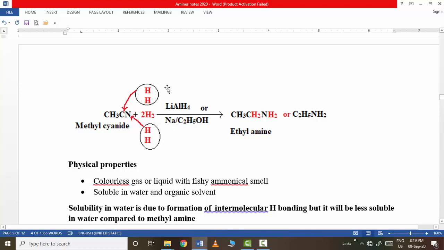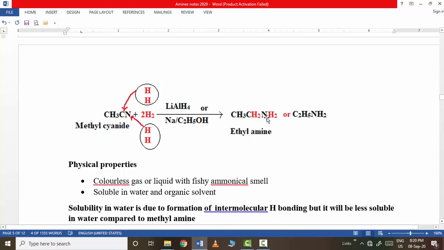What is a reduction reaction? Reduction reaction is the addition of hydrogen. So we are just adding the hydrogen to the carbon, we are just adding the hydrogen to the nitrogen in the presence of lithium aluminum hydride or sodium in the ethanol. So you can see I have used a different color, so therefore you can see CH3C in between carbon and nitrogen, the 2 hydrogen is added, forming CH3CH2.